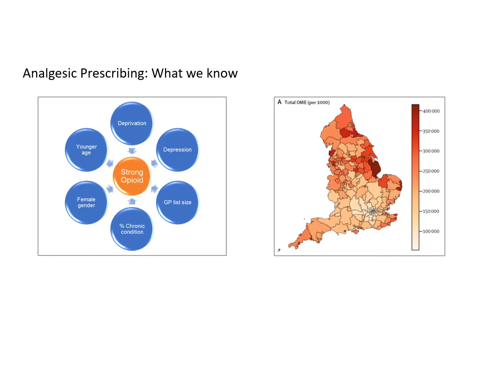Strong opioid prescribing is associated with multiple factors, including deprivation, mental health problems, age, gender, comorbidities. In addition, there's a real geographical variation. As you can see from this heat map here, the northeast of England has some of the highest rates. However, analgesics are often prescribed for chronic pain, which is extremely complex.